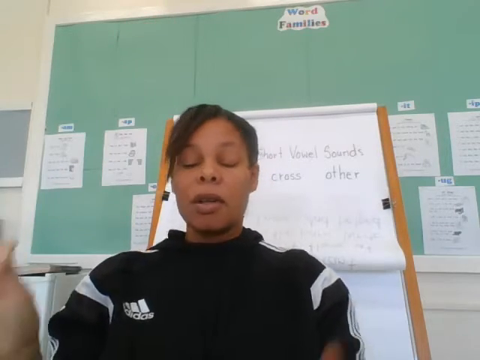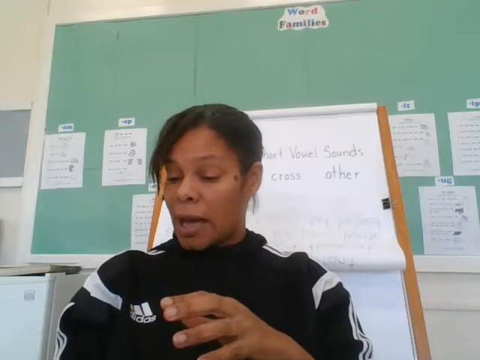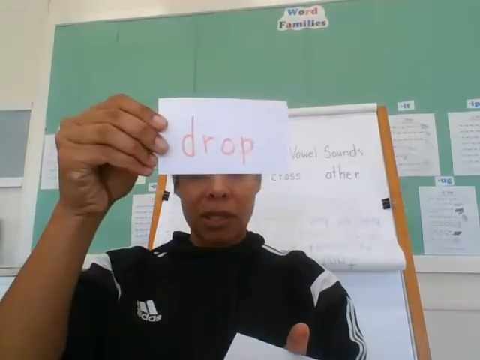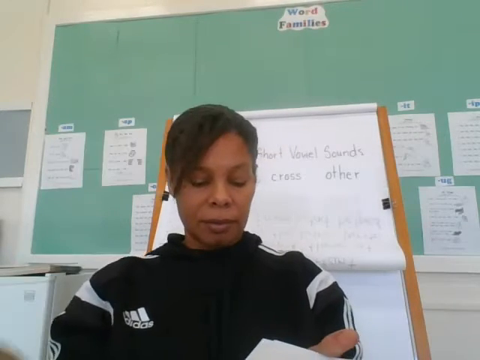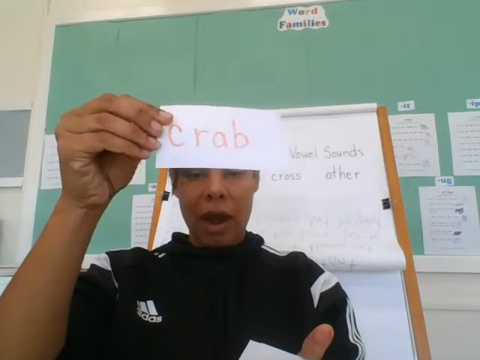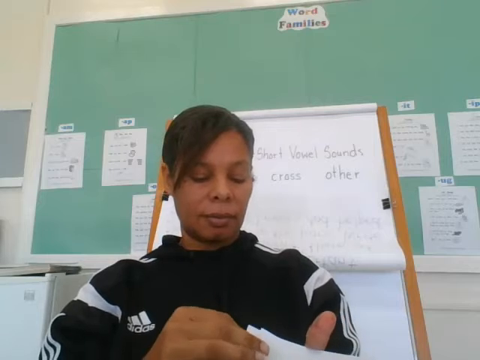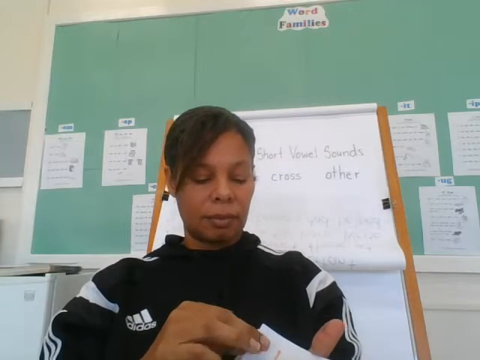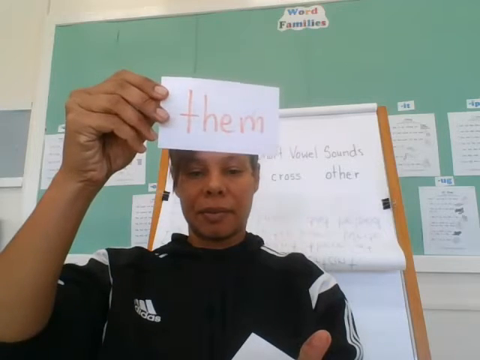All right. So you should have all of those words that I just held up on these flashcards written under columns. So this word was drop, crab, crack. Try to say it before I say it.